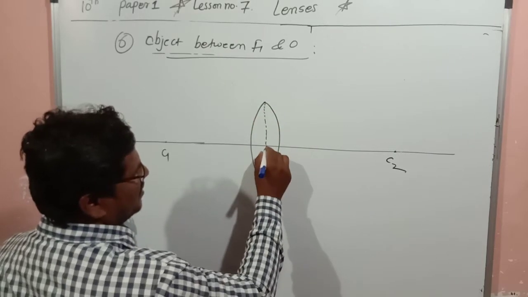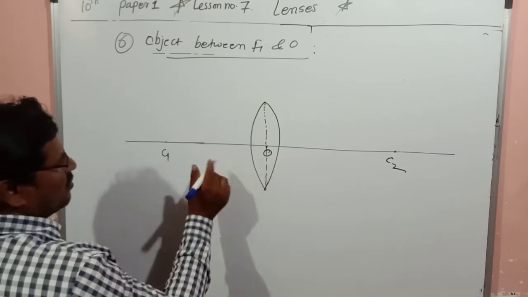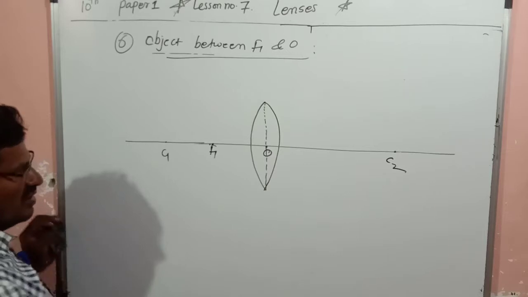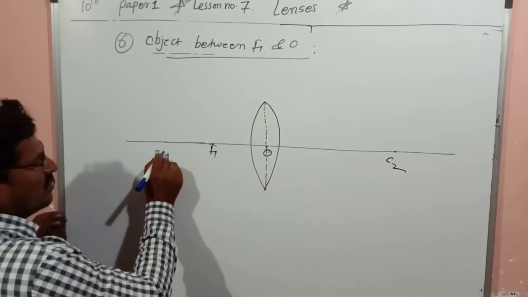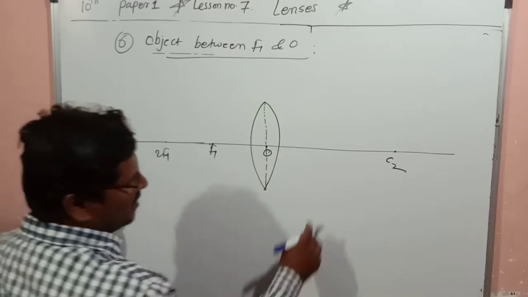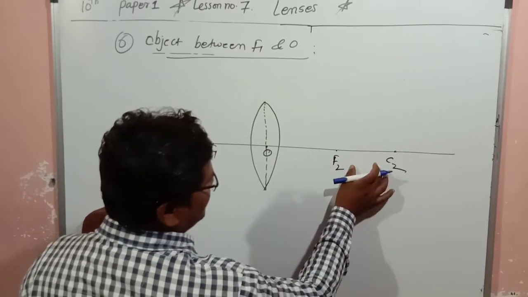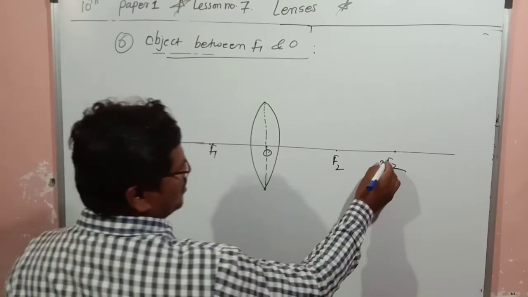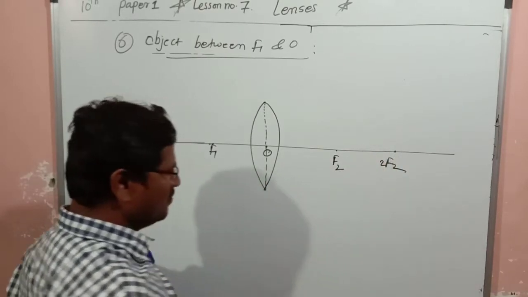Here will be your optical center, and between C1 and O, F1 will be at the exact midpoint. This distance and this distance are the same, so here you take 2F1, and here also F2. This distance and this distance are the same, so you take 2F2. So F1, 2F1, F2, 2F2.